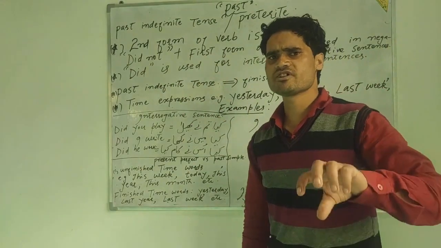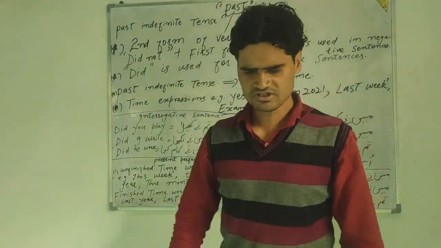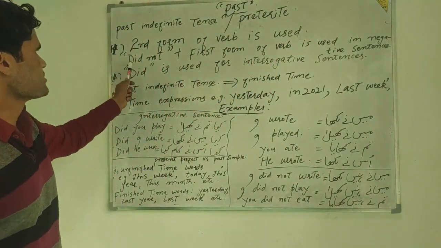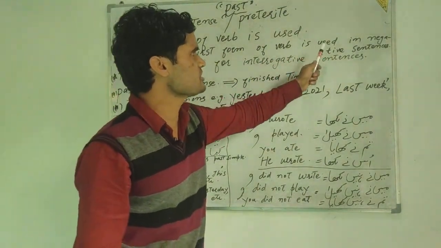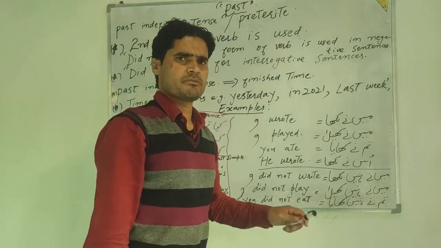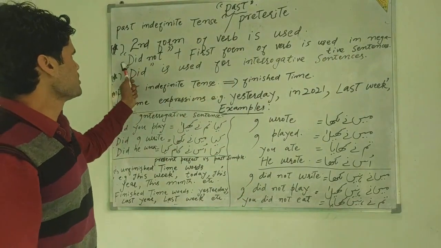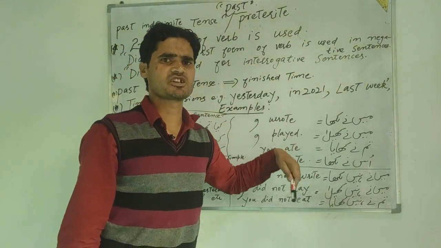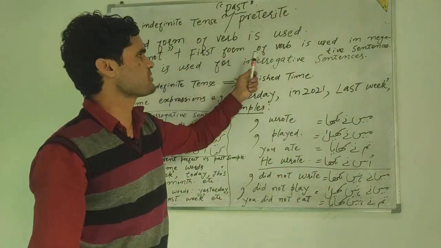You have to always bear it in mind. Second, did not plus the first form of verb is used in negative sentences. Whenever you frame a negative sentence, you have to use did not plus the first form of verb.